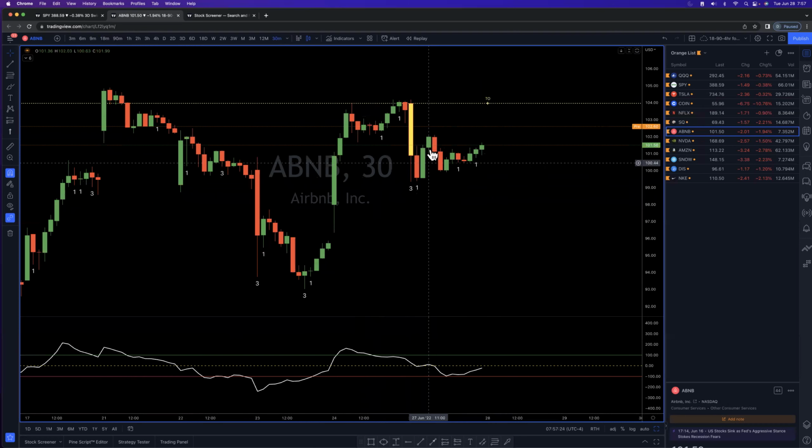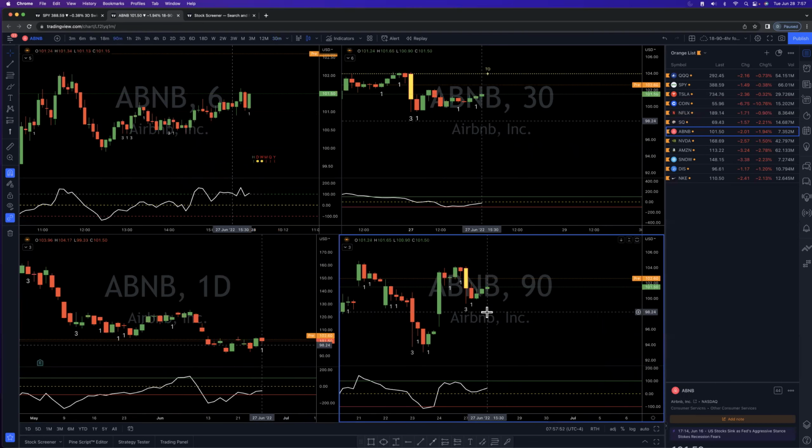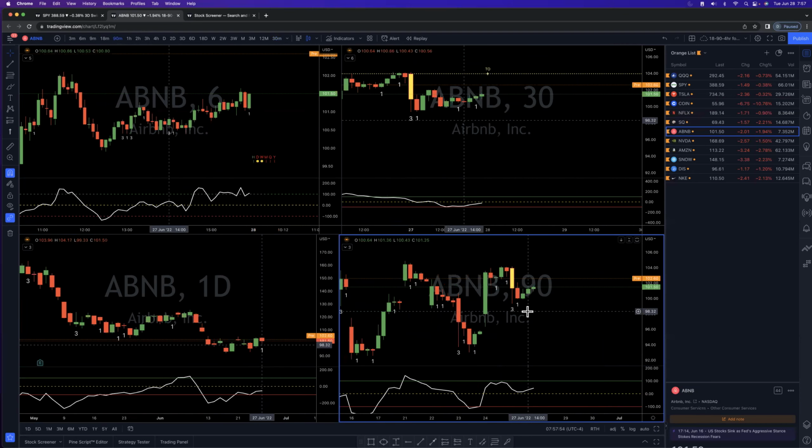But I tell you guys, if you're trying to trade off the 30 and you're waiting to take your entries on the move at the open, you may get triangled out. So you just have to be careful with that. You may have to go to a shorter time frame. In my view, and I'm going to say this and I'm going to shut up: if you're going to trade the 30, do the 30-90.